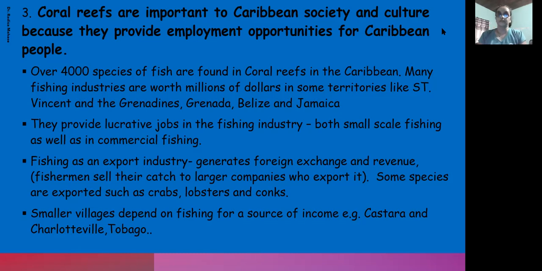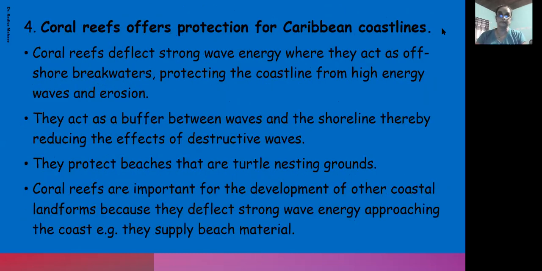And when you're thinking about fishing and you're thinking about employment, think about all those islands that are very small, or all those islands that don't have resources like oil and gas and bauxite and so on, and they depend on fishing. Okay, some of the species that are exported that have large export markets are crab, lobster, and conchs. So you see where the point is, it is important because they provide employment opportunities for Caribbean people.